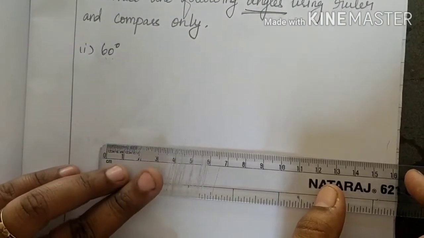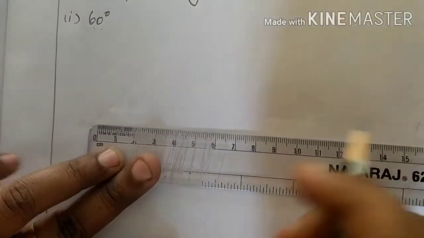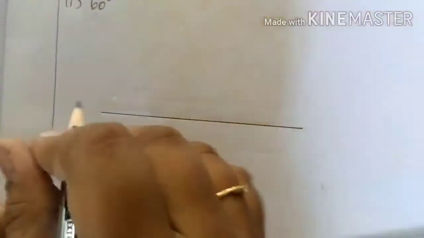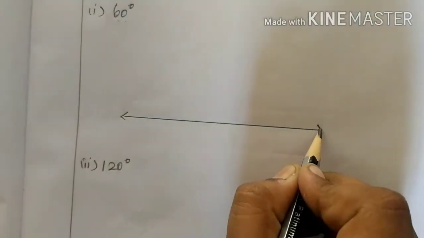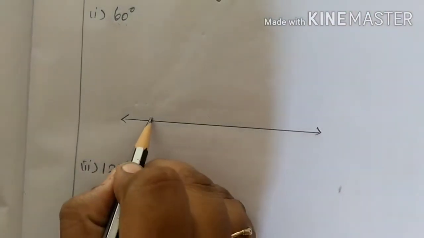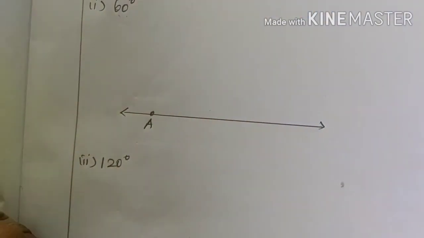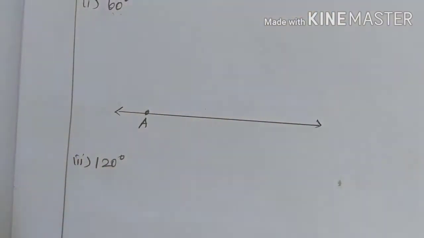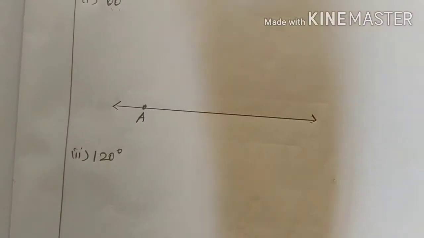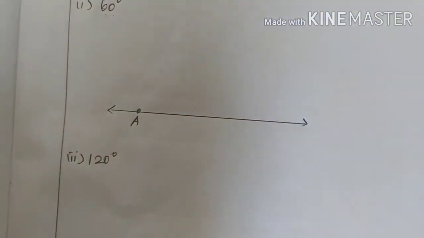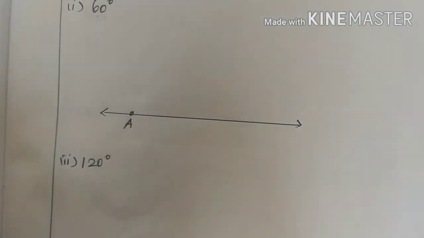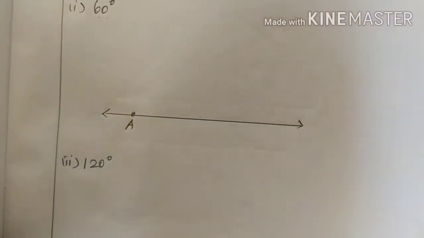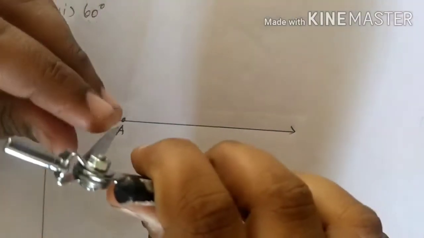Okay, so look at this children. First I am going to draw one line, and mark the arrow mark. Keep the point A somewhere. Now take the compass, and take any convenient radius.